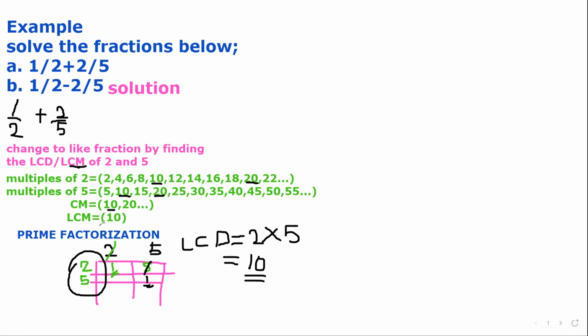Okay, good. Now, after getting 10, which means the new denominator for these fractions here is supposed to be 10. And that method, we call it renaming, which means that we should rename the fractions. We should rename the unlike fractions, and therefore the denominator choosing for them is supposed to be 10.